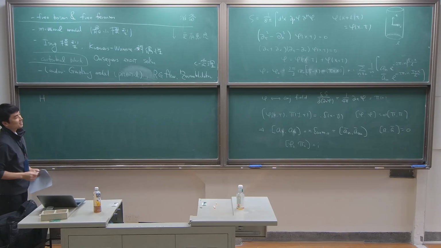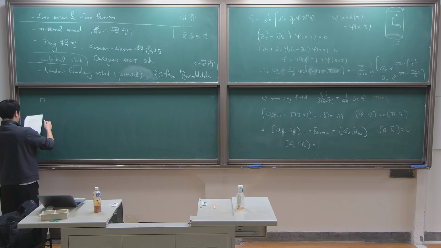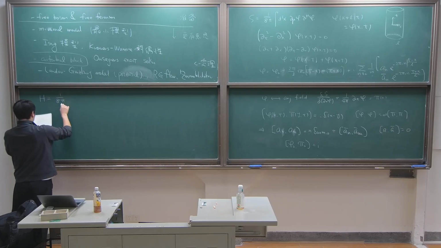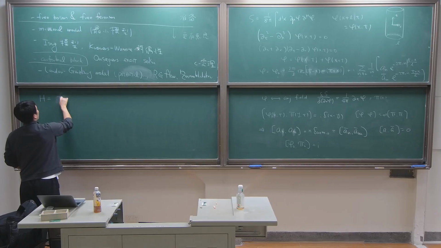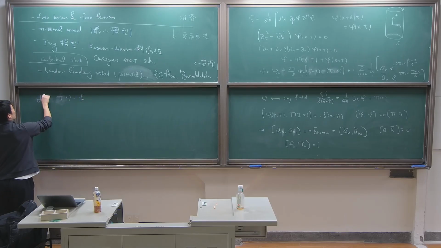I mean, you have already learned this content, so it's going to be boring, but I want to go through it. This is pi times phi dot minus the Lagrangian. Oh, okay, Lagrangian. So this is the Hamiltonian density.